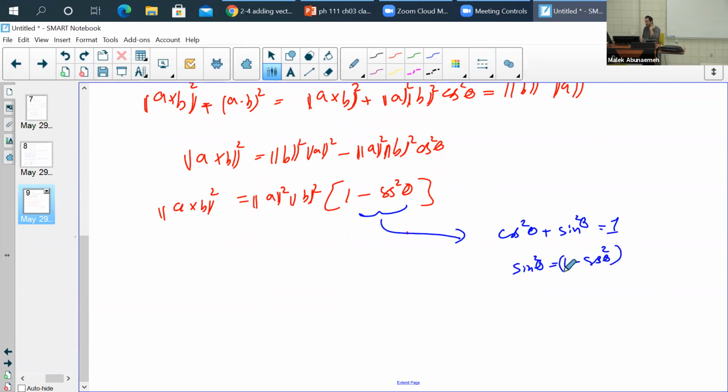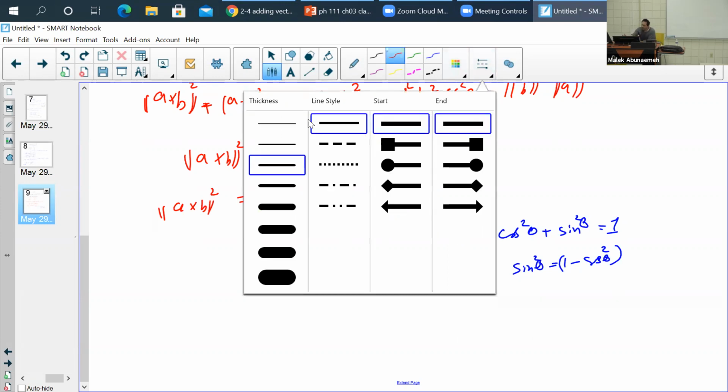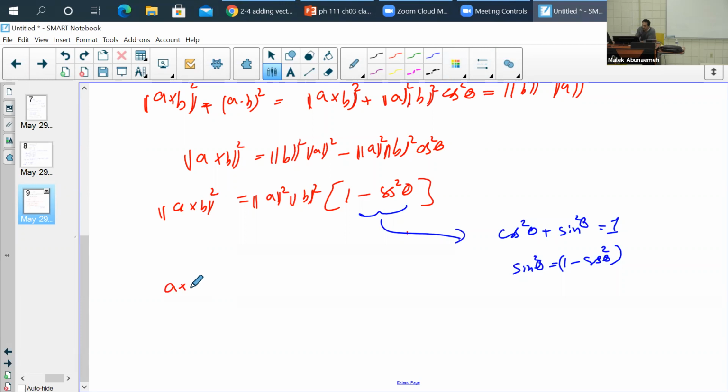So this is actually sine squared theta. Your A cross B squared is going to equal the magnitude of A squared times the magnitude of B squared times sine squared theta. Take the square root of both sides.